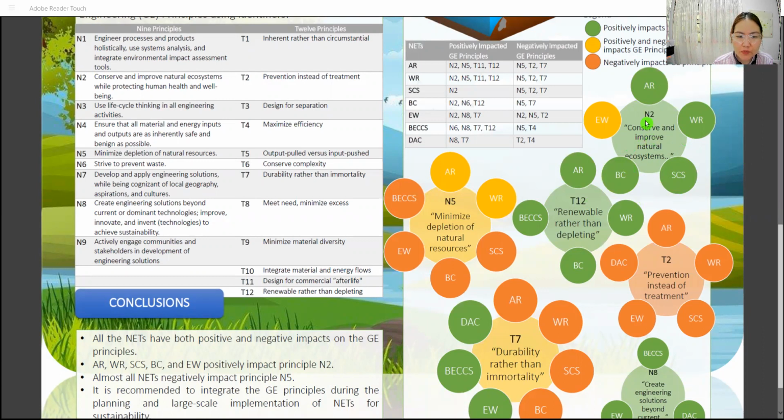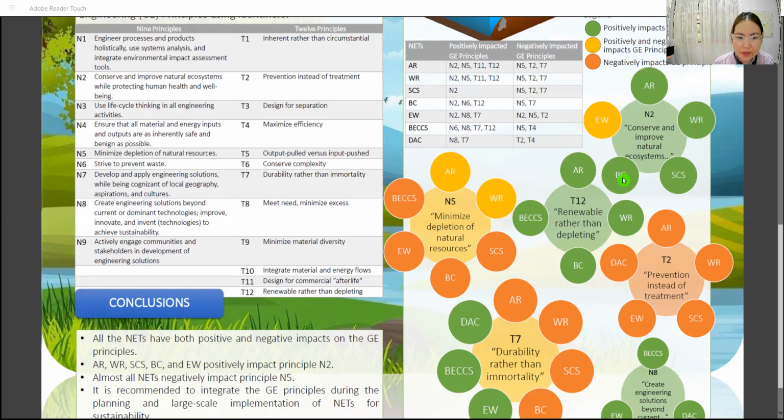AR can produce food, fuel, and fiber while providing habitat for biodiversity through its forests. Wetlands provide fish and shrimp while sheltering biodiversity. At the same time, it helps fight pollution by filtering pollutants from air and water. Soil carbon sequestration can improve soil quality and soil biodiversity.